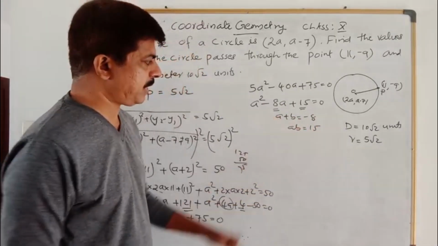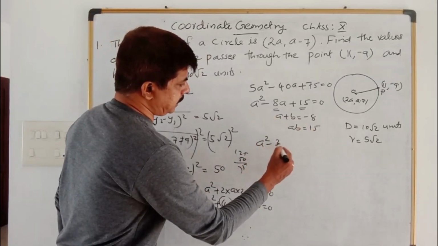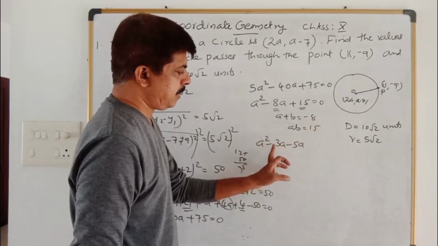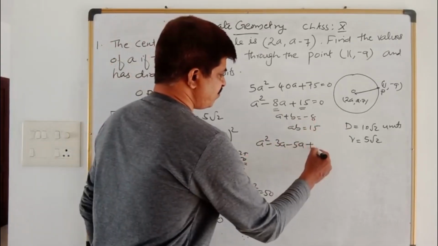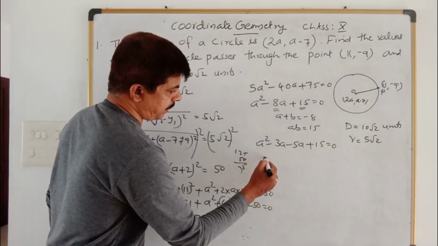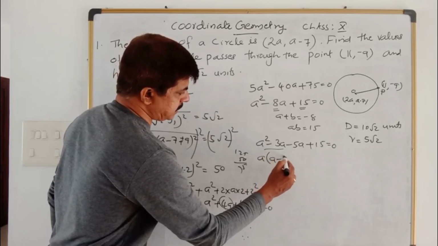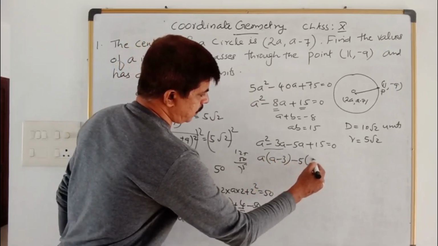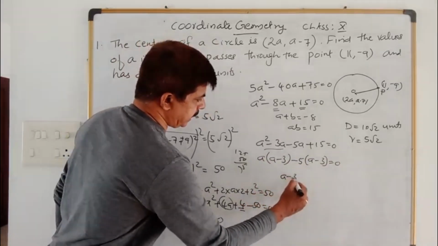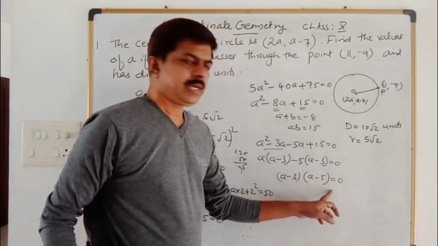We will do it by the factorization method, so we have to split the middle term. We know that minus 3 and minus 5 give sum minus 8 and product 15. So by the grouping method, we factorize: a common from the first two terms gives a(a minus 3), and minus 5 common from the rest gives minus 5(a minus 3). So we get two factors, (a minus 3) and (a minus 5), equal to 0.